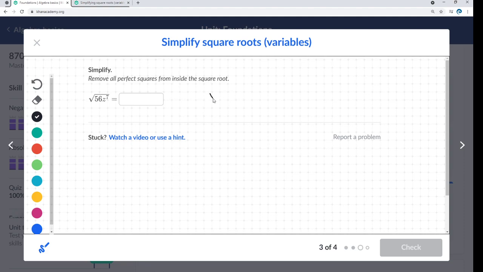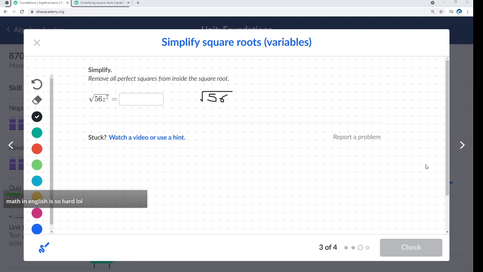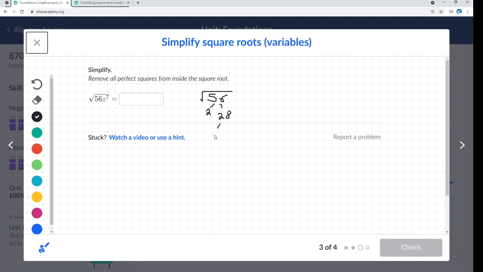So the square root of 56. Oh, shoot. Square root of 56. Start with that. 56 divided by 2 is 28. So it's 2 and 28. Divided by 2 is 14. So it's 2 and 14.